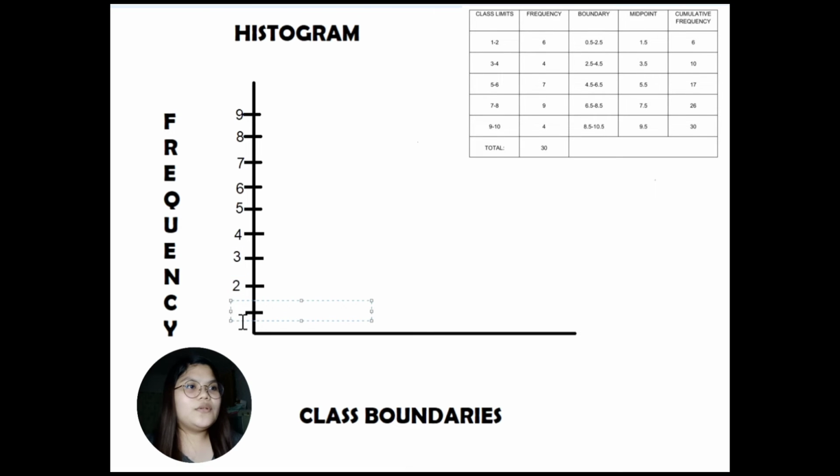And then you put in order the class boundaries on the x-axis. So we start with the first number, 0.5, 2.5, 4.5, 6.5, 8.5, 10.5.